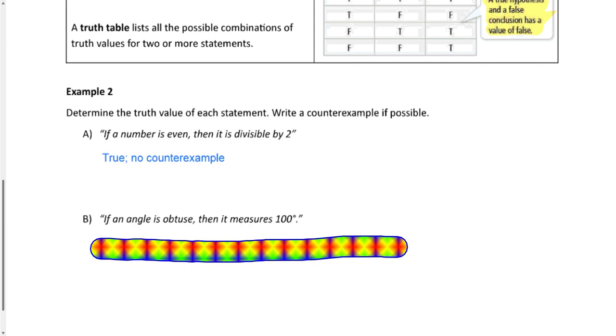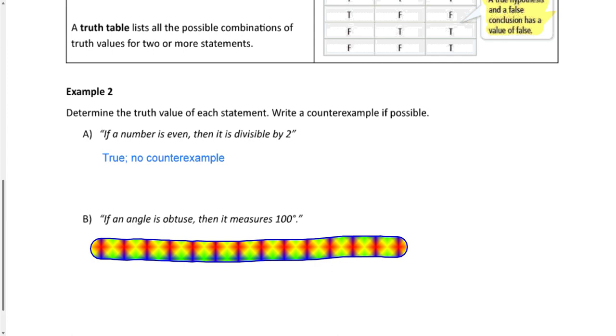All right, let's try that with another example. If an angle is obtuse, then it measures 100 degrees. Well, if you think about it, that is a true statement. But if an angle is obtuse, is its only measure 100 degrees? Or can it be other measures as well? Well, what happens if it was 101 degrees? Is that obtuse?